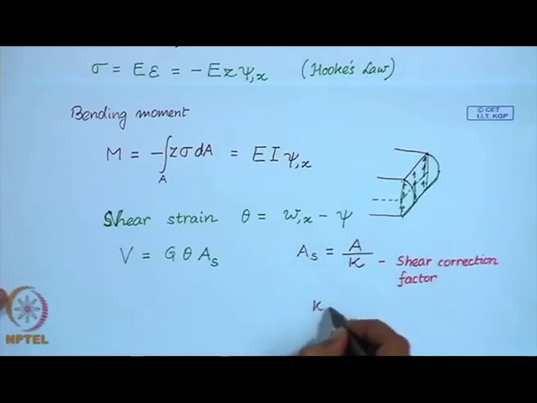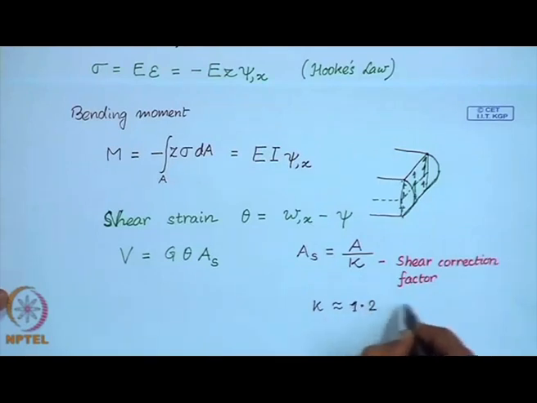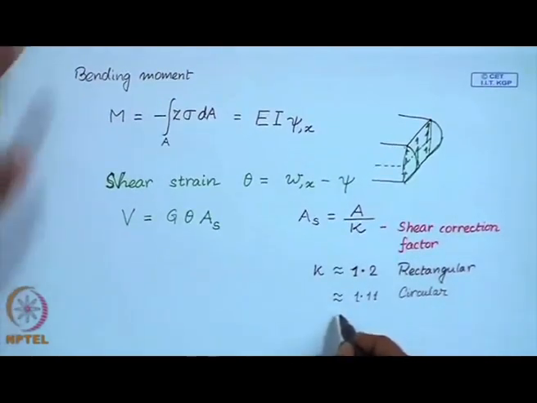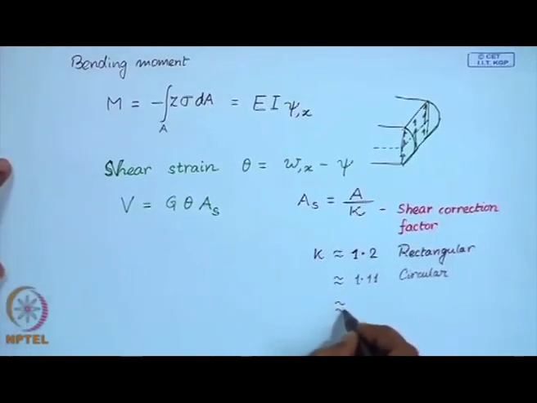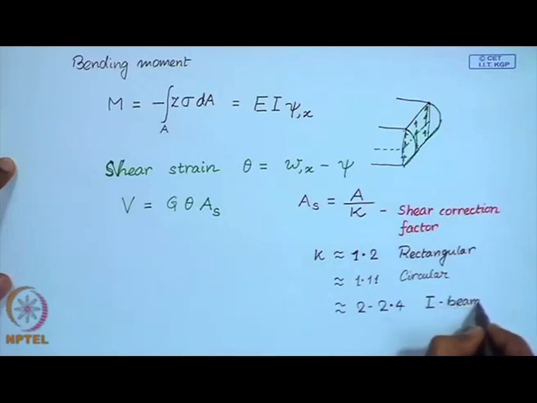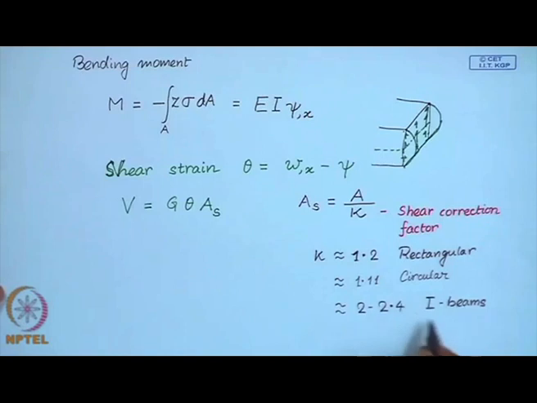Now, this shear correction factor typically takes on values of about 1.2 for rectangular cross section, it's approximately 1.11 for circular cross section, and it is from about 2 to 2.4 for beams with I cross section, I beams.